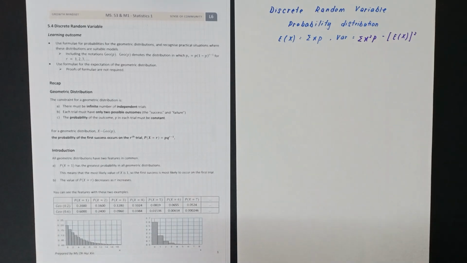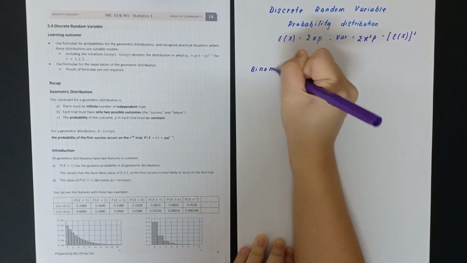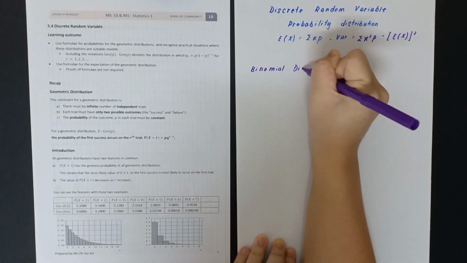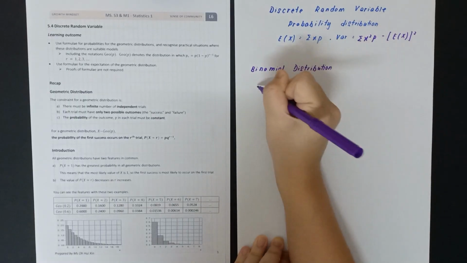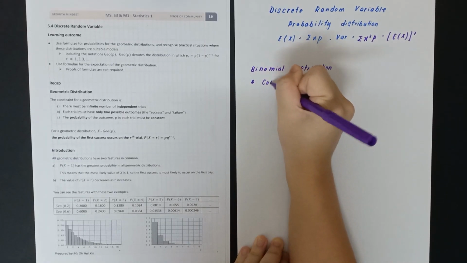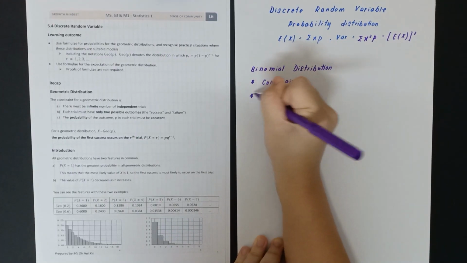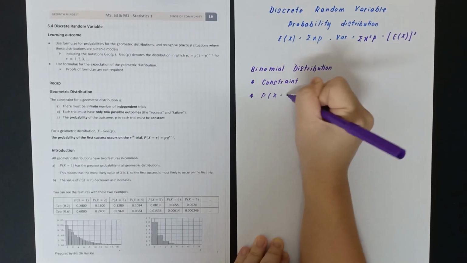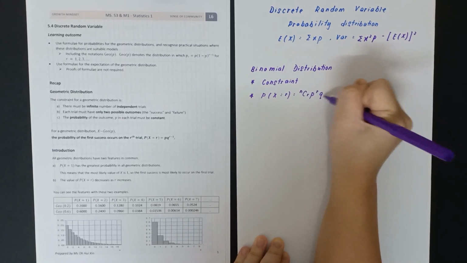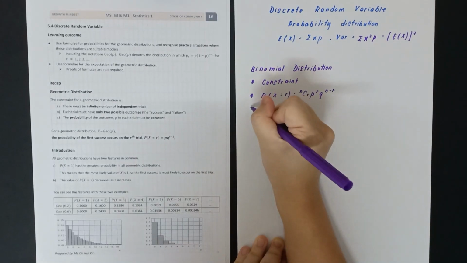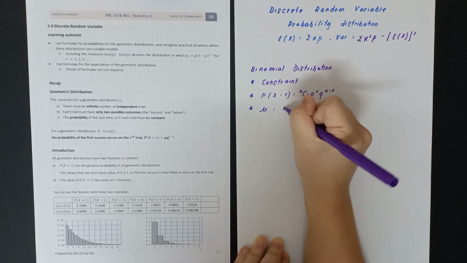Then after that, we learned about binomial distribution. Under binomial distribution, you learned how to find the probability, and the most important thing is you know what the constraints for a binomial distribution are. Then you also know how to find your probability, by using P(X = r) equals nCr, p^r, then q^(n-r). Then you know how to find your expectation, which is your mean, equal to n times p.